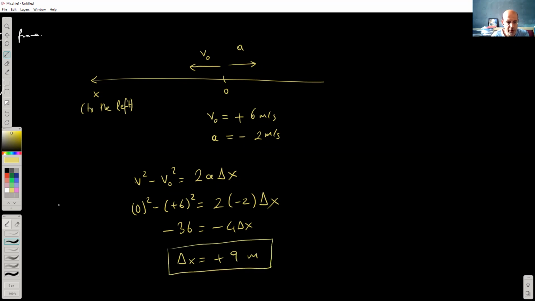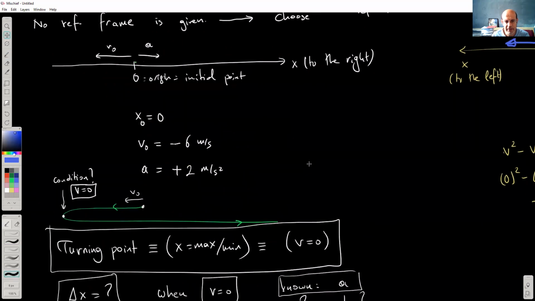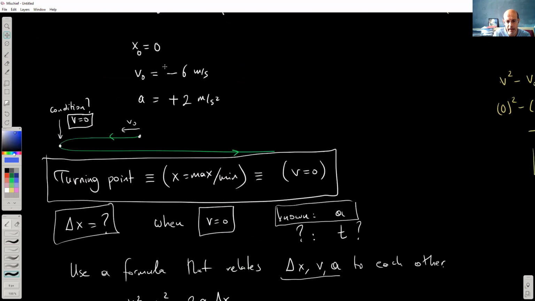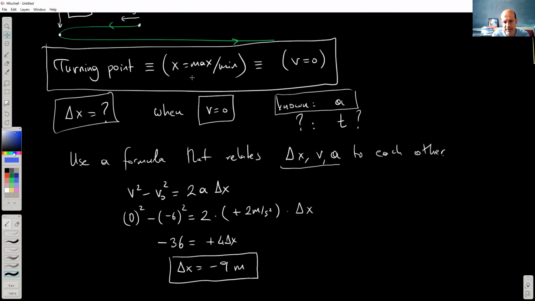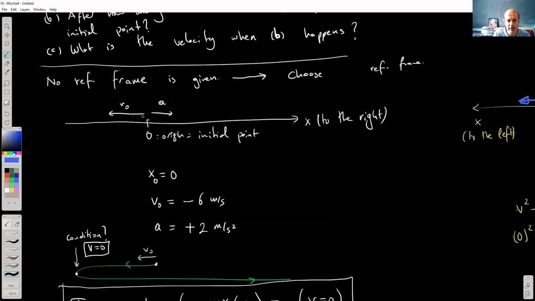So in both cases, therefore, I would find the displacement to be the same. But in this reference frame, it appears like +9 meters. In the previous problem, I found it as -9 meters, which corresponds to this one again.